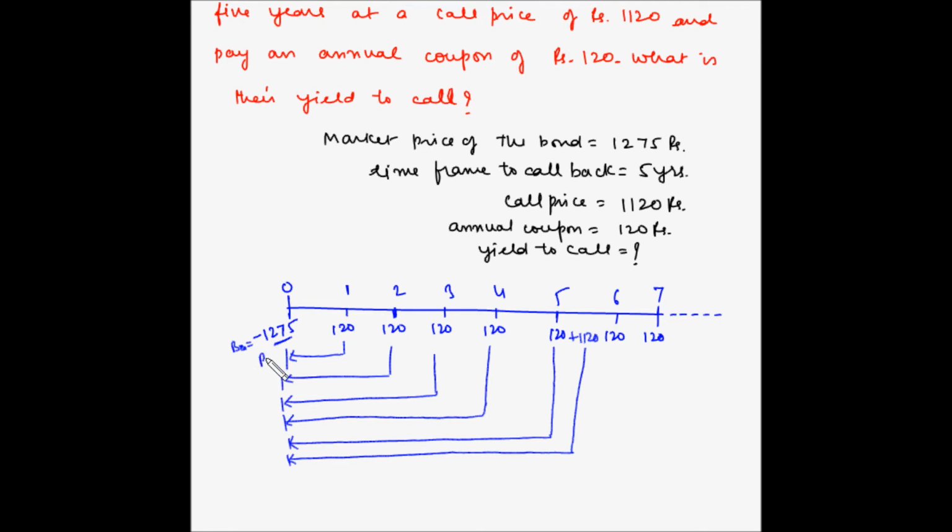So let's say this is PV1, PV2, PV3, PV4, PV5 and PV6.